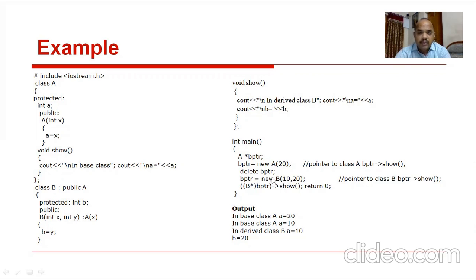But at the function calling time, BPTR equal to new B of 10, 20. This is the class name B. It will pass these two arguments to the B class, that is the derived class member function. Now x equal to 10 and y equal to 20. Clear? Then this is the output for this example.